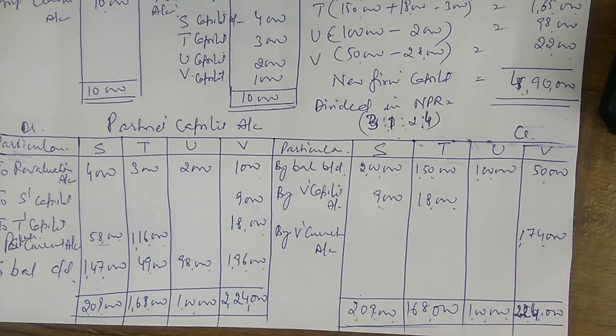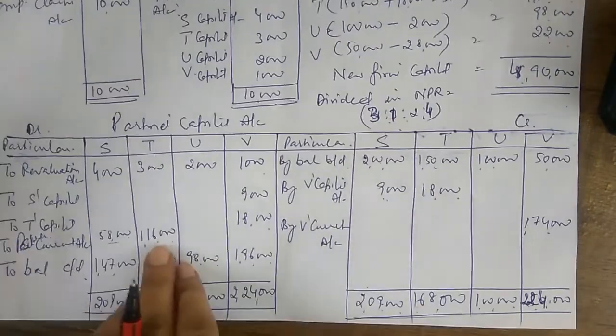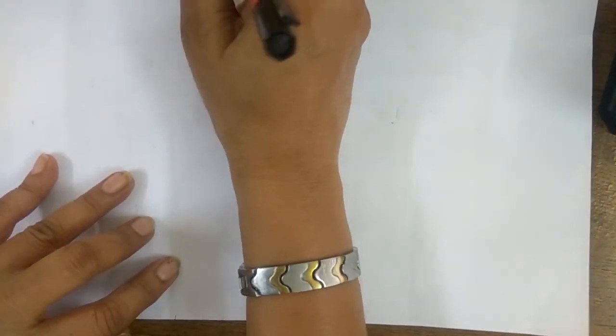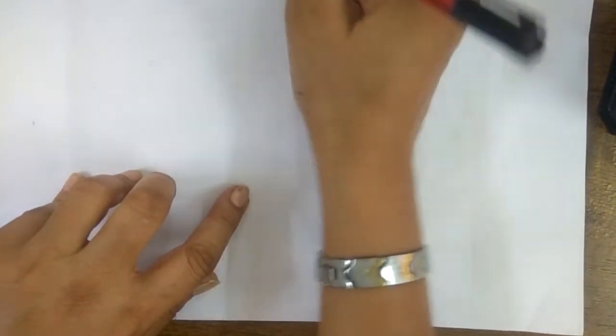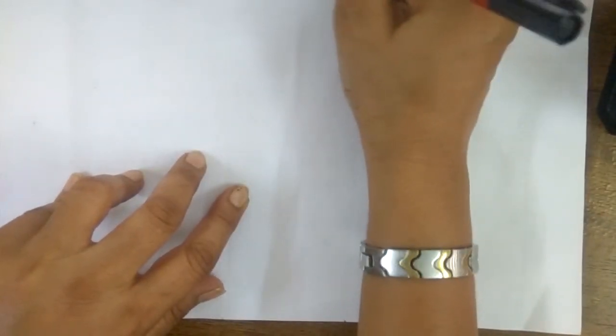And lastly we will make the balance sheet. Now we will finish with the balance sheet of the reconstituted firm.